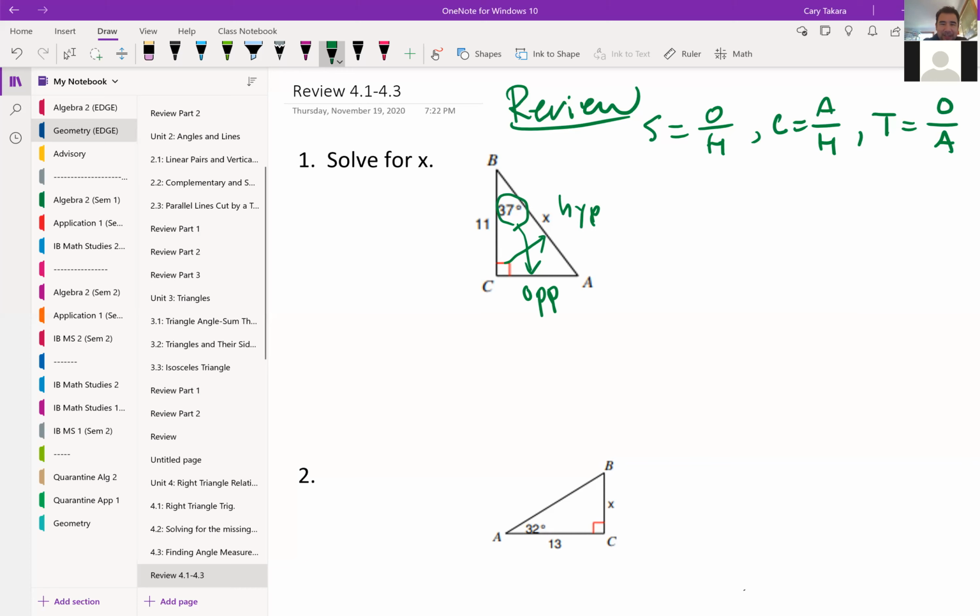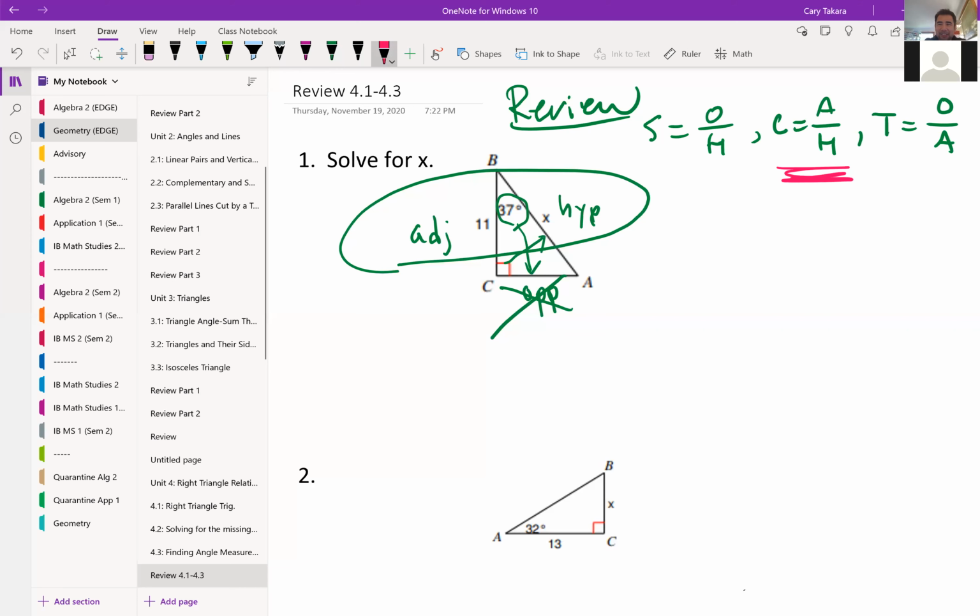Hypotenuse, and then adjacent. There is nothing on opposite, so I'm just going to cross that off. It's an adjacent and hypotenuse combination. And that will be what? Adjacent and a hypotenuse. This is a cosine problem, isn't it?